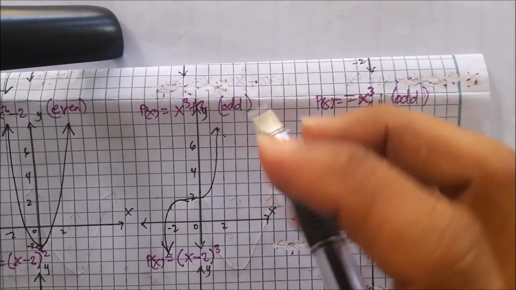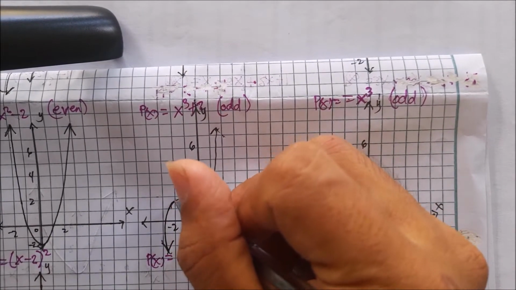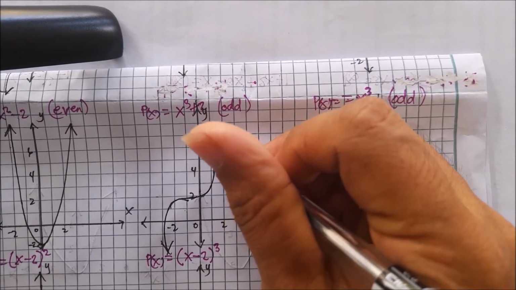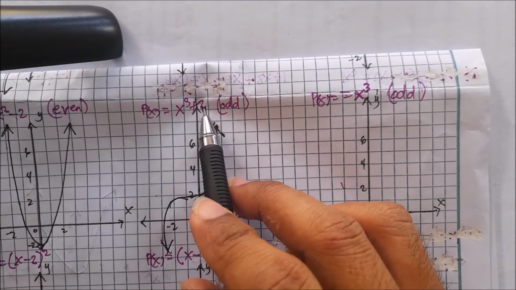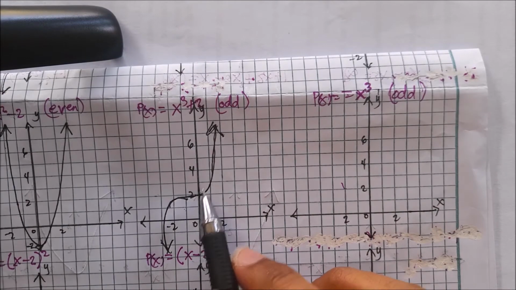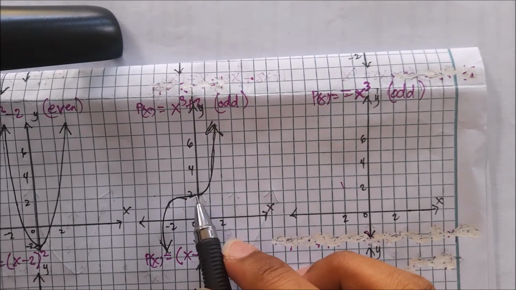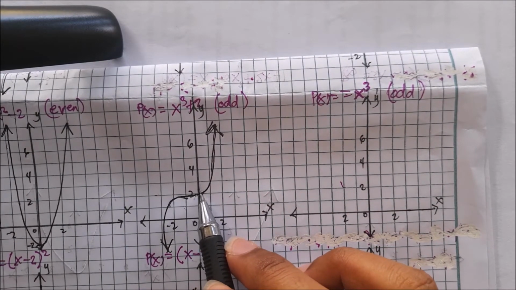Since it is an odd number, the form of this graph is this one. And the positive 2 constant k is located on the y-axis, which is positive.